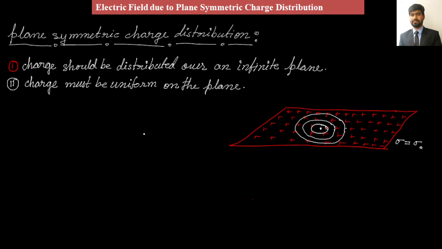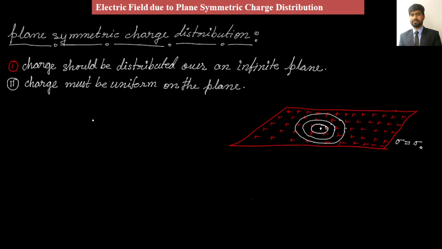And second, as we have noticed for spherical symmetric or cylindrical symmetric, whenever we have used Gauss law to calculate electric field, we have always drawn a Gaussian surface through which we can calculate the flux easily without doing any difficult integration.